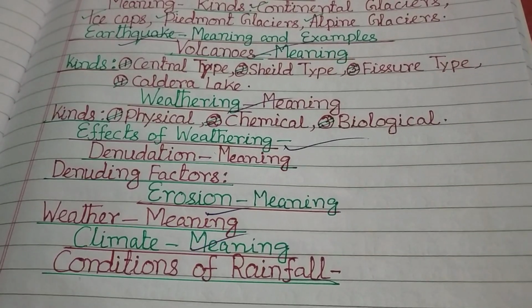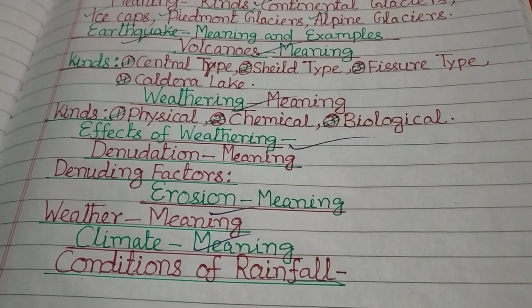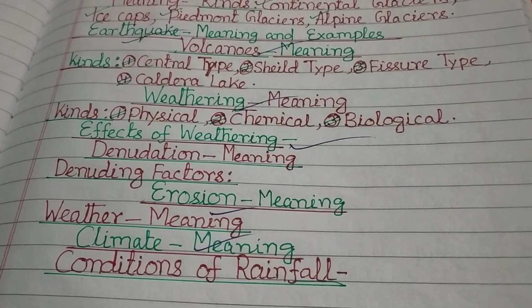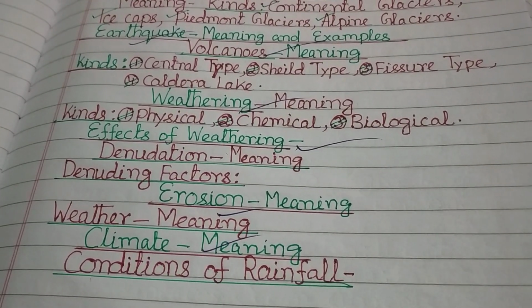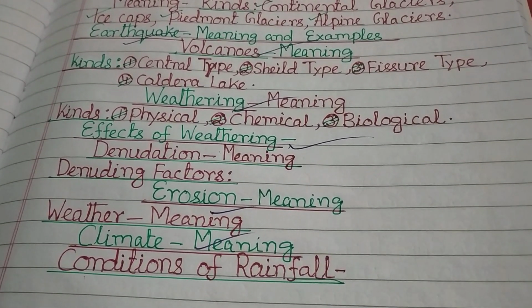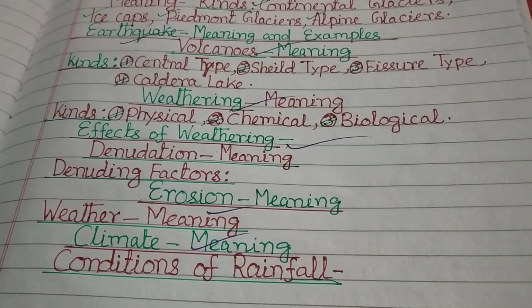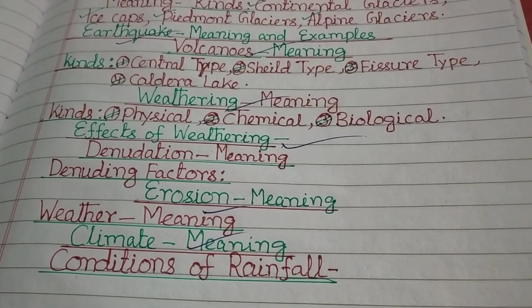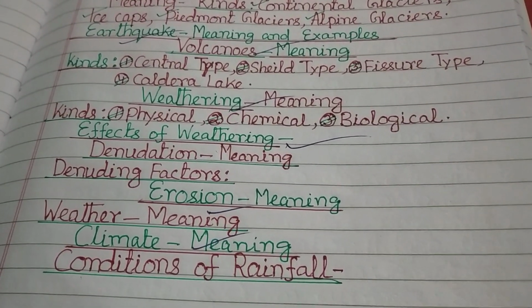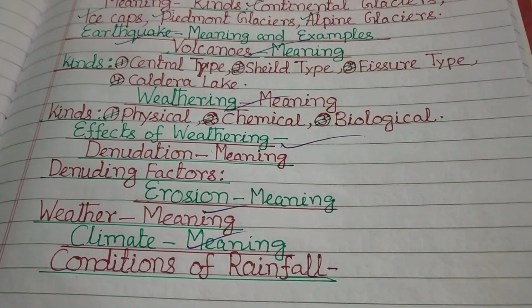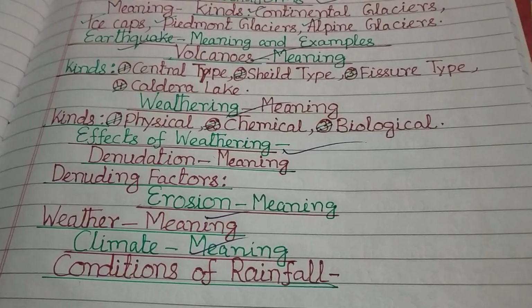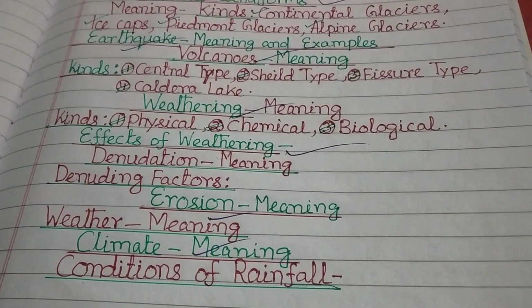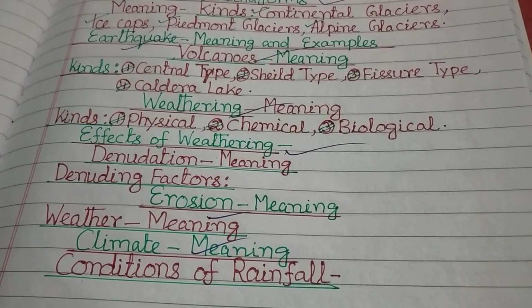And to carve out and shape the landscape. The distinctive features created by some of these agents are discussed, and exactly what is physical weathering? The disintegration of rocks by mechanical forces is called physical or mechanical weathering.